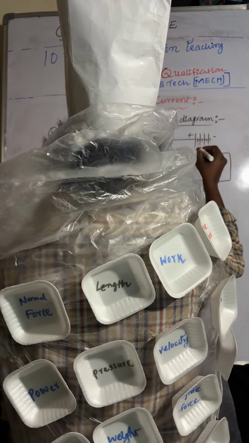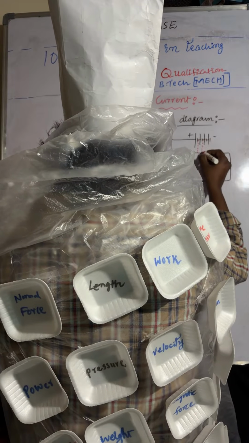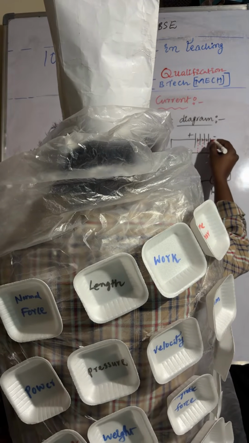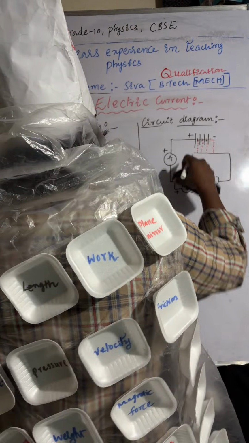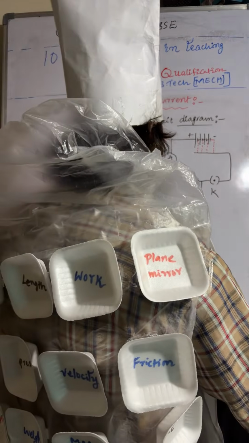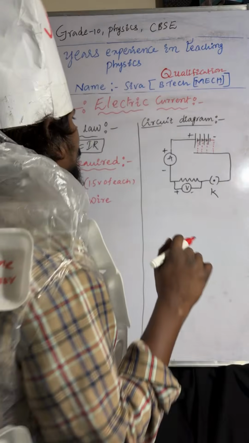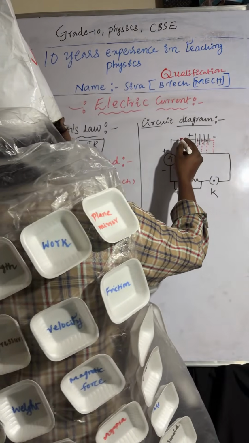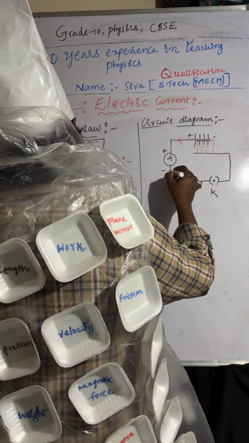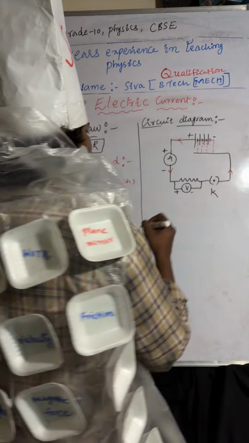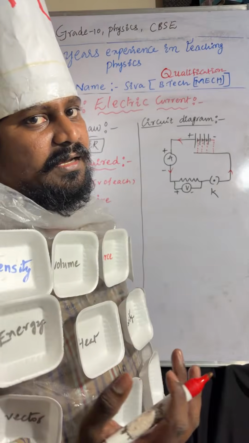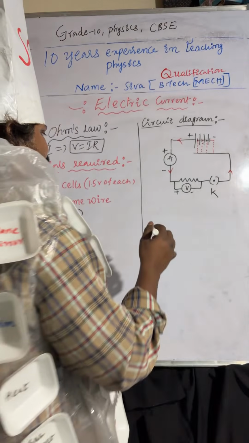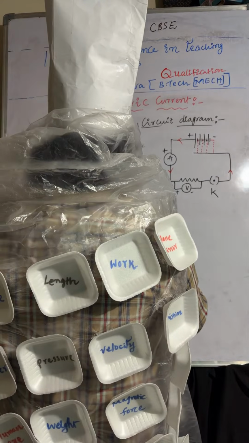Why? If you draw dotted lines, it means we are connecting one by one. This is the current direction. So that is the circuit diagram. Now, the procedure.